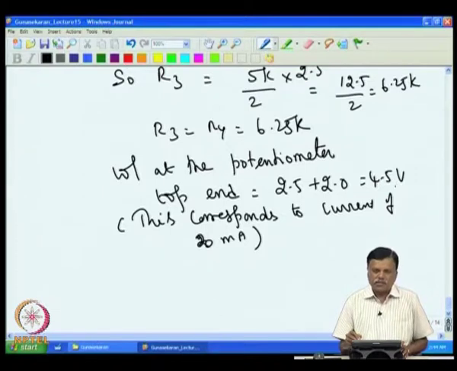Now, if the 7 volt supply voltage changes by 21 millivolt, then what is the voltage change at the potentiometer top end?